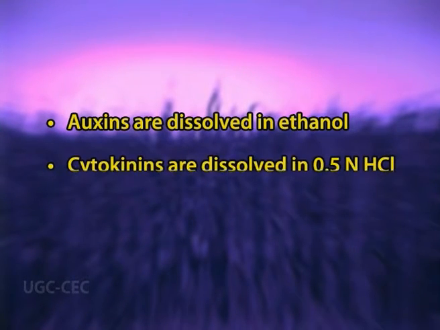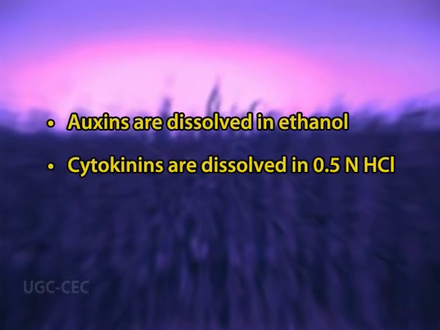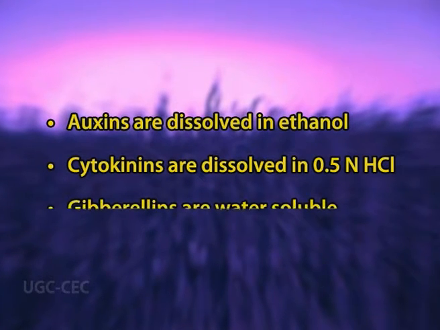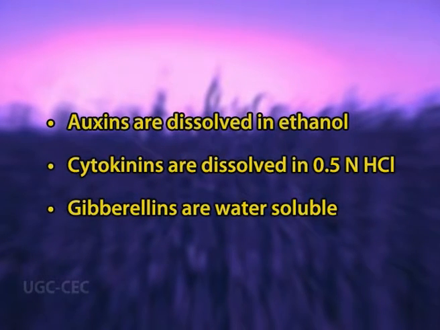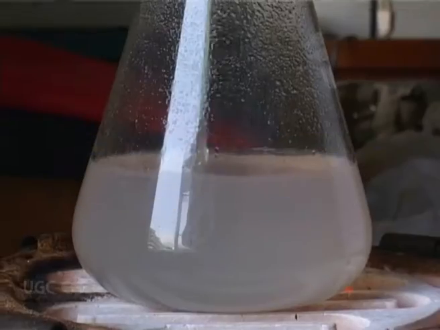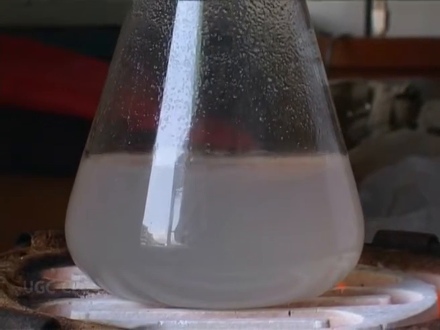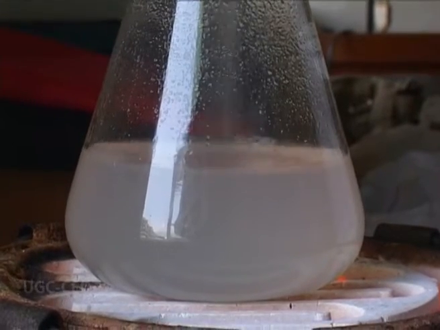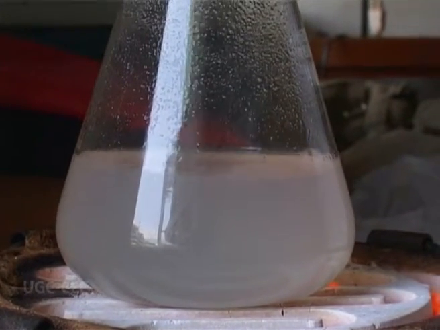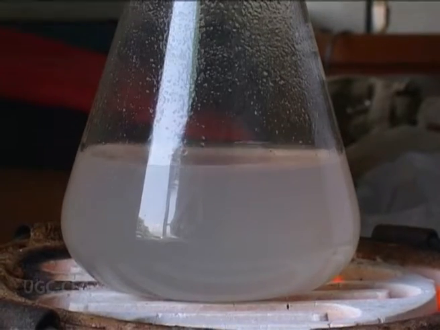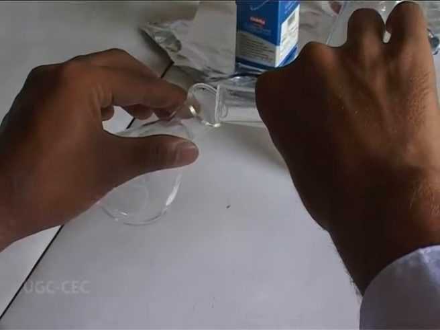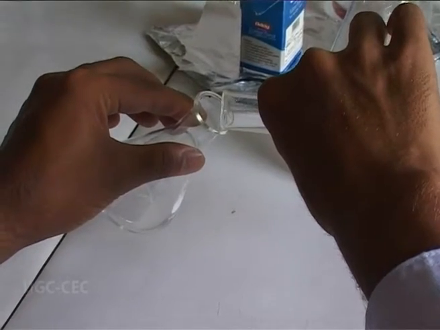Cytokinins are dissolved in 0.5 normal HCl. Gibberellins are water soluble. All the ingredients are mixed, sugar is added, and finally the pH is adjusted to 5.8 to 6.0. Medium is carefully poured into culture vessels.